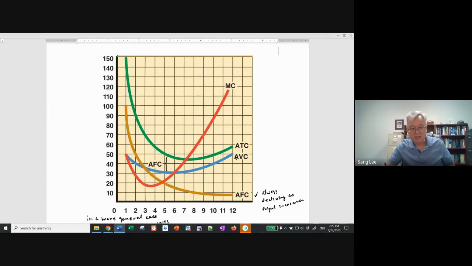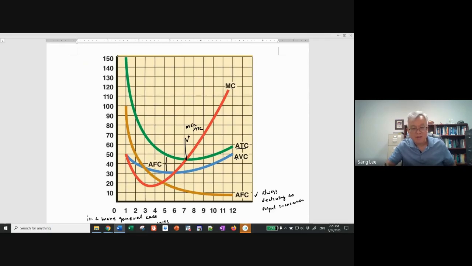Let's compare average total cost and the marginal cost. See here, these two are the same. At this point, marginal cost is the same as average total cost. But before this, what happens? At any output smaller than this output, then what? Marginal cost curve is what?